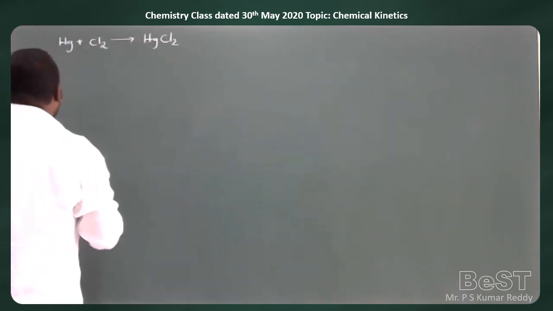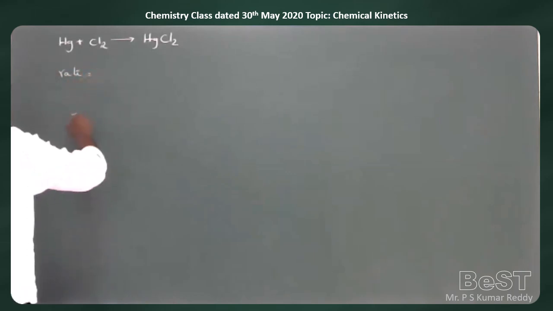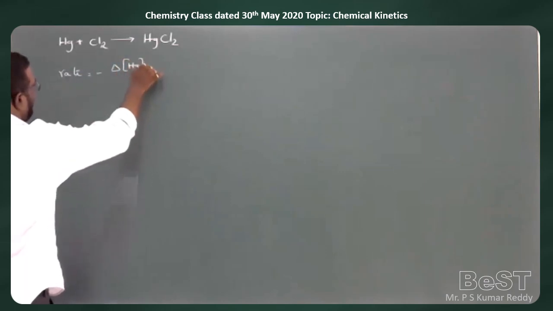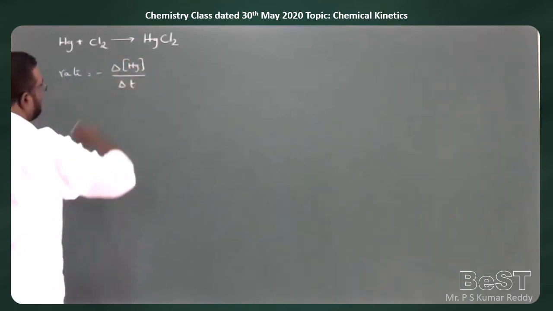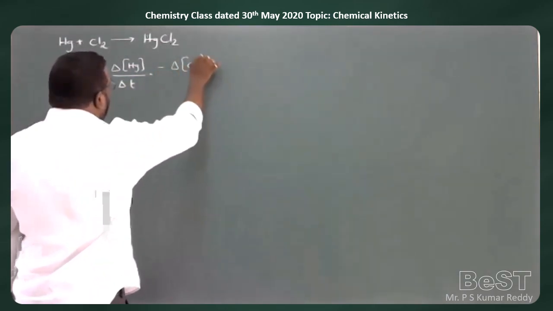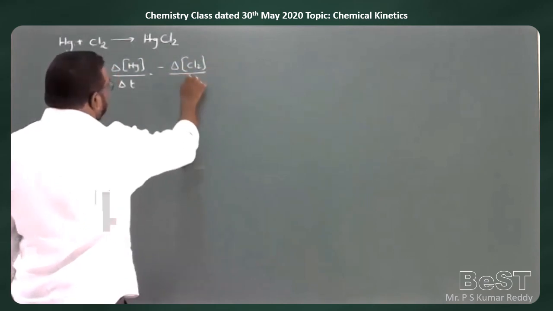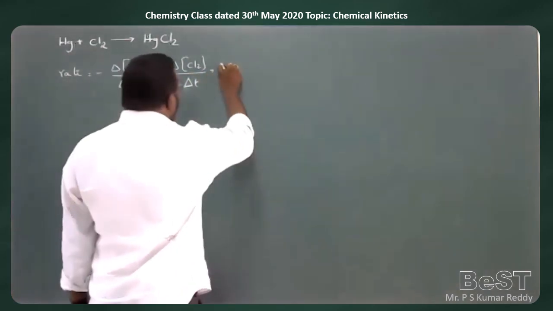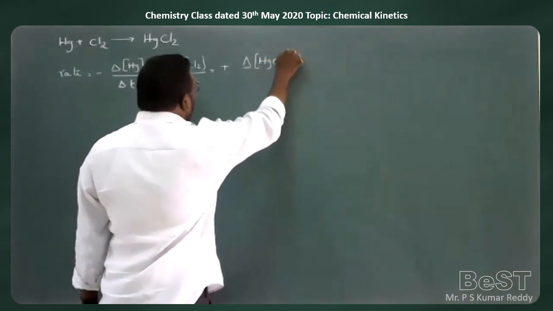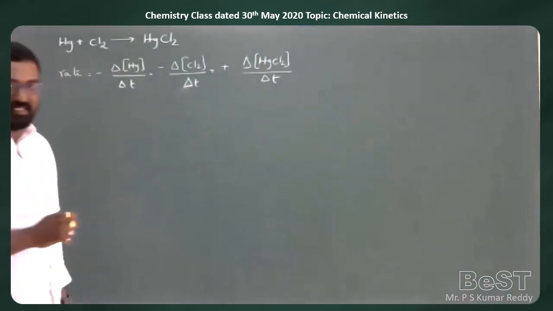When we are representing the rate of reaction, the rate is equal to the decrease in the concentration of mercury by time taken, or the decrease in the concentration of chlorine by time taken, or the increase in the concentration of mercury chloride by time taken. Like this, we are representing this.